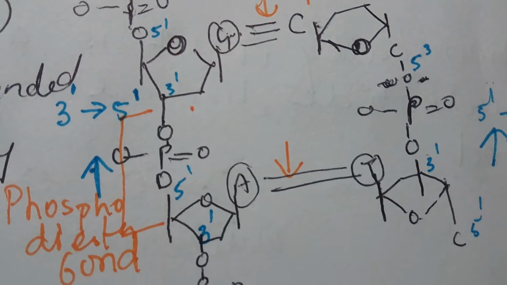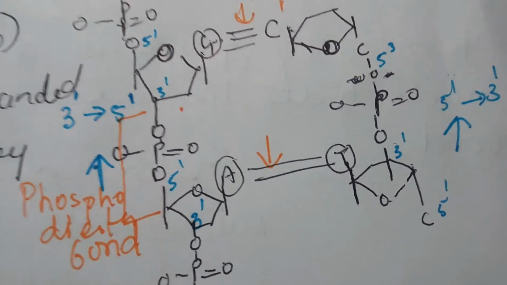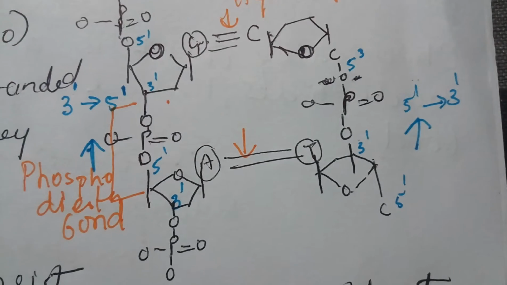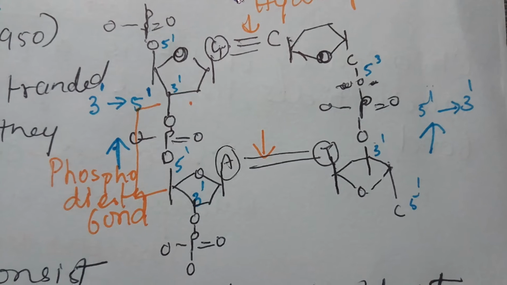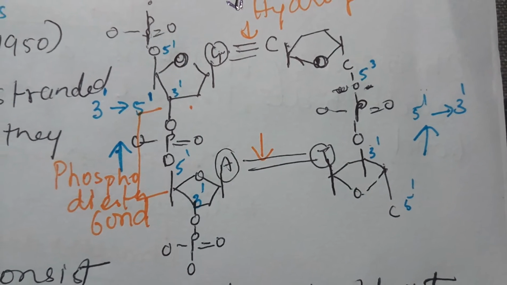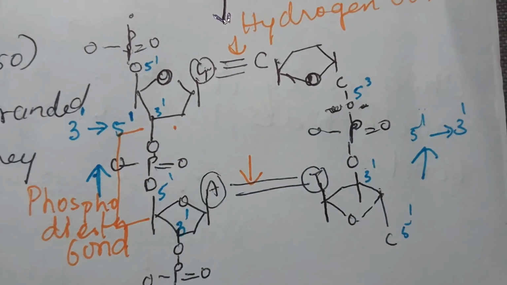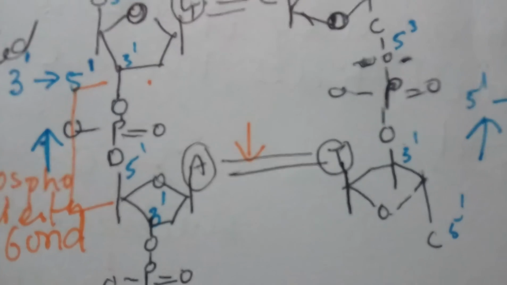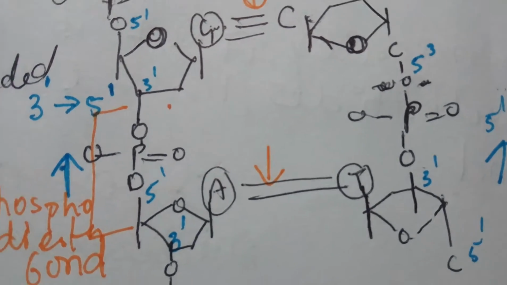So this is how they are linking. Again at the 3' position of the sugar, the phosphate is present and this will be linked to another sugar at the 5' position. So if you look from the bottom to top, you will find 3', 5', 3'.